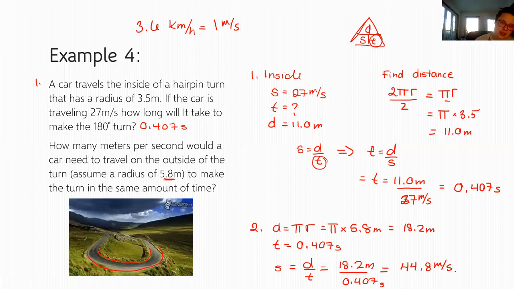The guy on the inside at 27 meters per second, 27 times 3.6 is 97 kilometers an hour. So 97 kilometers an hour for the corner versus 160. I think I'll take the corner slower, but maybe a little sharper.